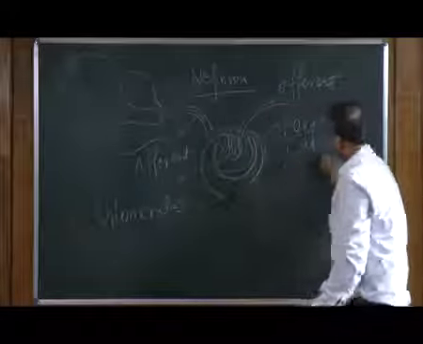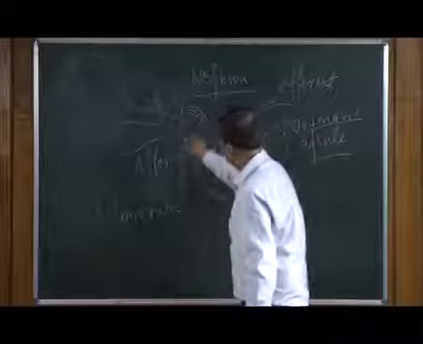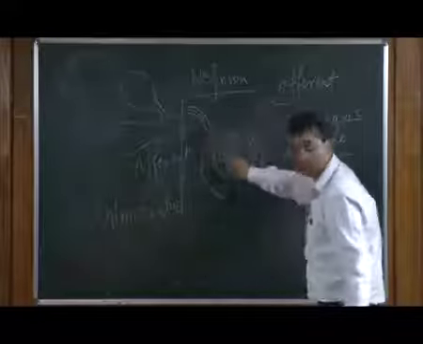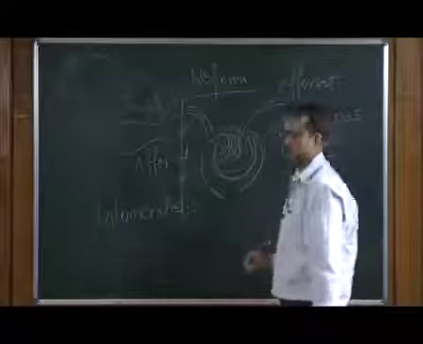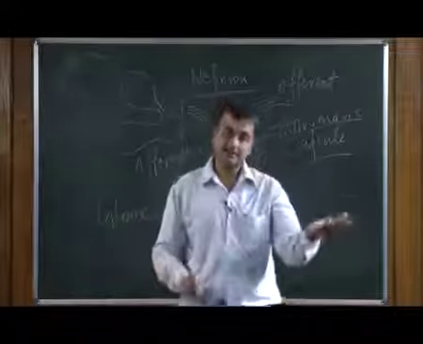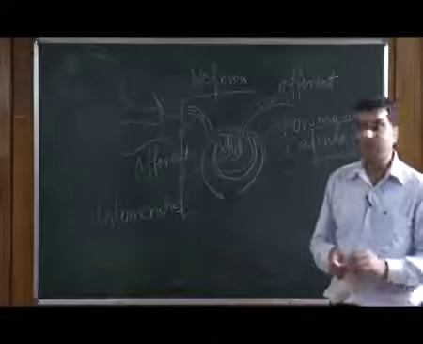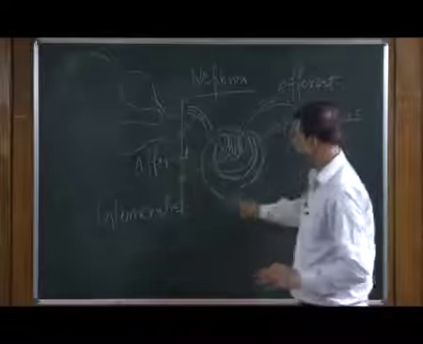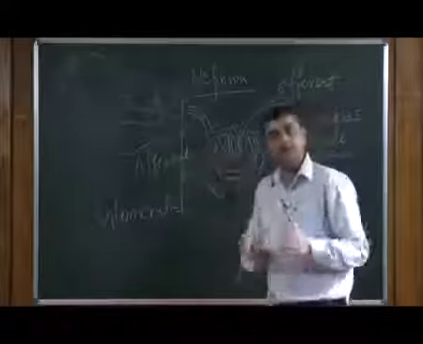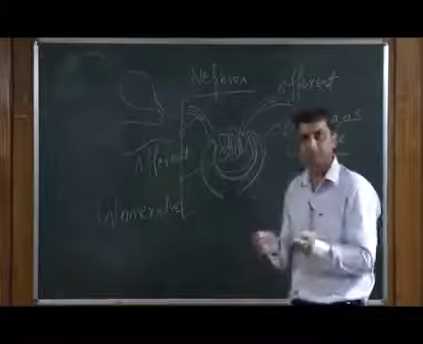And this glomerulus is sitting on the base material called Bowman's capsule. This whole structure, including afferent, efferent, glomerulus and Bowman's capsule, is called the Malpighian body, the same unique organ we discussed in the cockroach. It is also called Malpighian corpuscles.